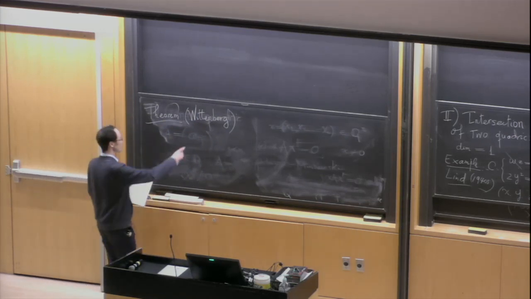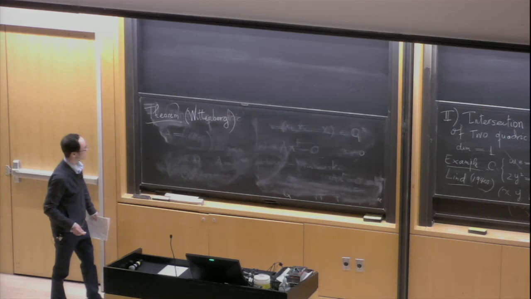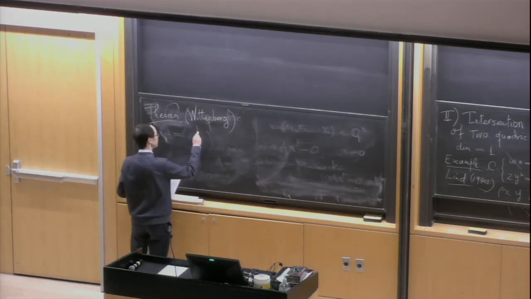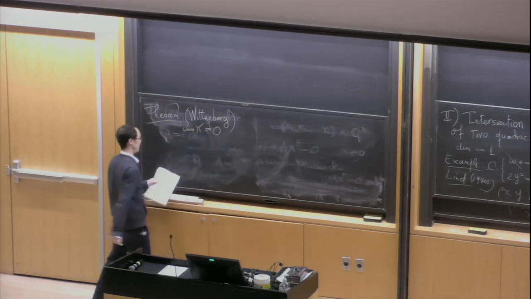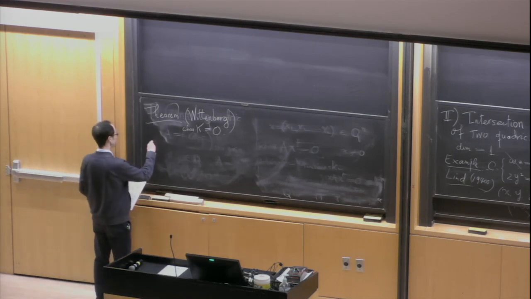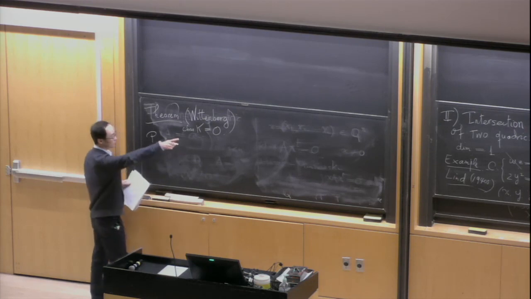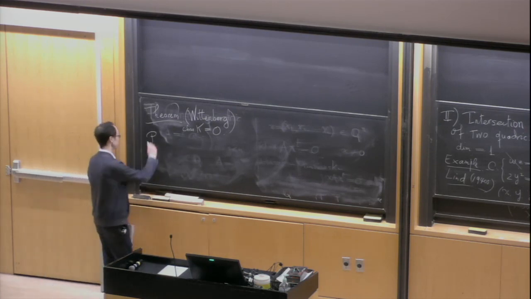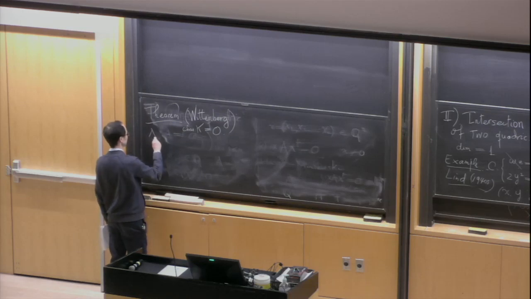The theorem I'm going to state is due to Wittenberg, where he did it for number fields, K of characteristic 0. So the theorem is the following. Suppose the characteristic polynomial P, the degree 5 polynomial I introduced, is irreducible.